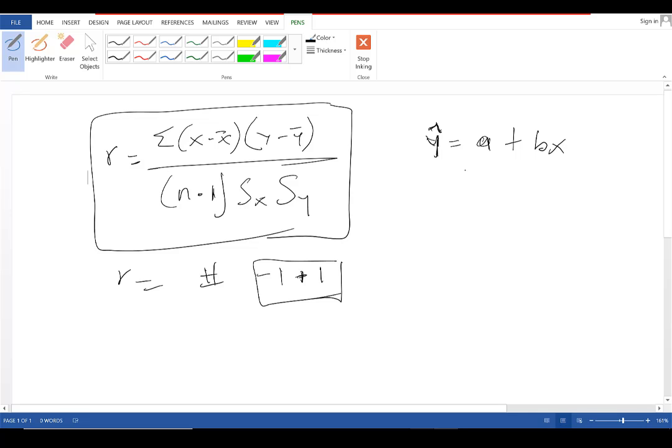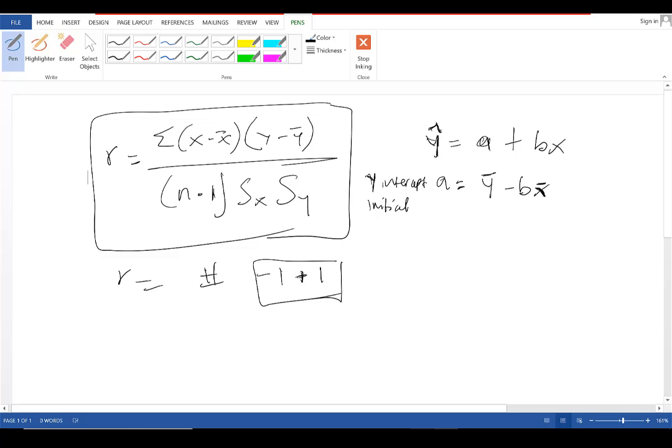First, we're going to define a is equal to y bar, the average of y, minus b times x bar. So this is called the y-intercept, or the initial value.